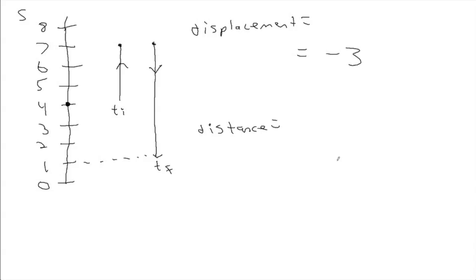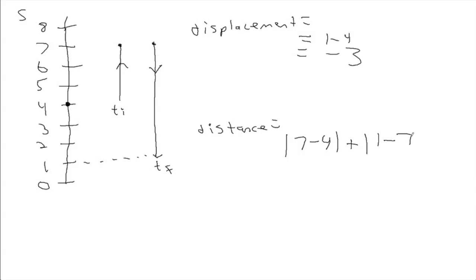So 1 minus 4 is -3. Excellent. Okay, and for distance, well, we definitely traveled 10 units, but to show the math, we have to do the absolute value of 7 minus 4 plus the absolute value of 1 minus 7.